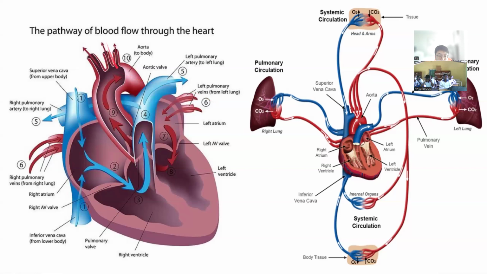And once it goes through the aorta to the rest of our body, this is where the systemic circulation occurs. Parts of our bodies are filled up with these tiny capillaries.